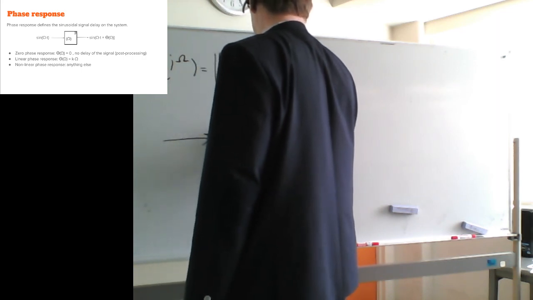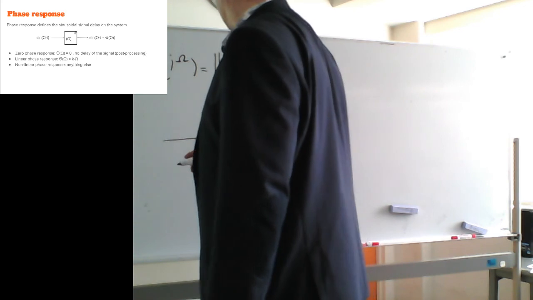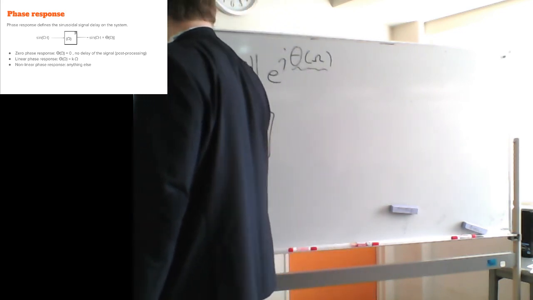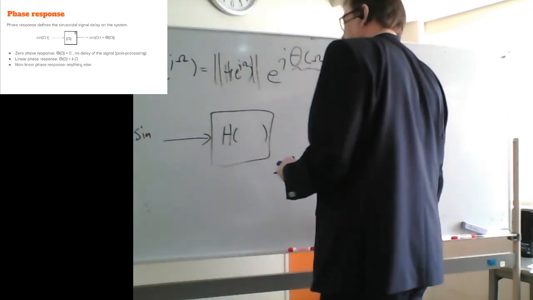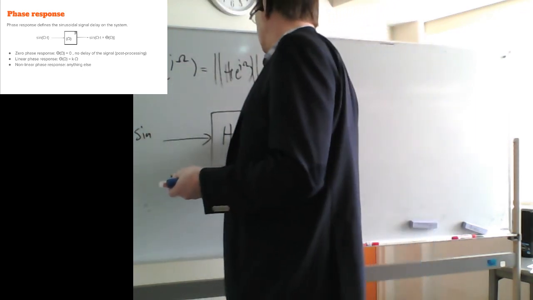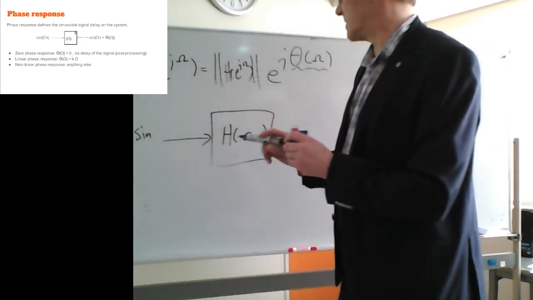H of e^(j omega). And you basically run a sinusoid. Let's mark it with, so it's easier actually to think of it as a physical system. So I just mark it a continuous time.